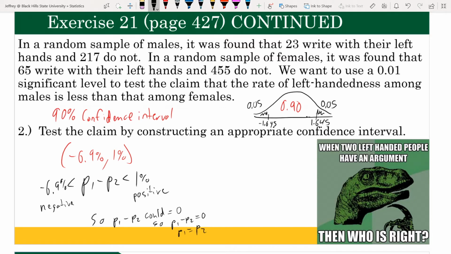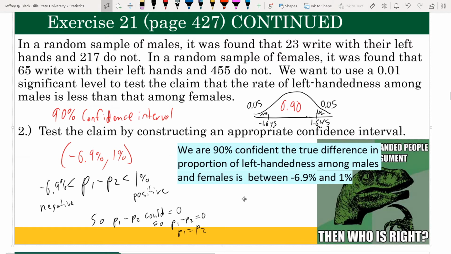So we're basically saying that there really isn't a difference in the proportion of left-handedness between males and females. So we are 90% confident the true difference in proportion of left-handedness between males and females is between negative 6.9% and positive 1%.